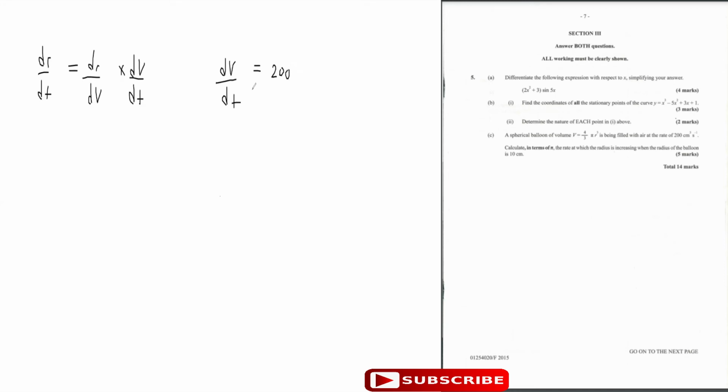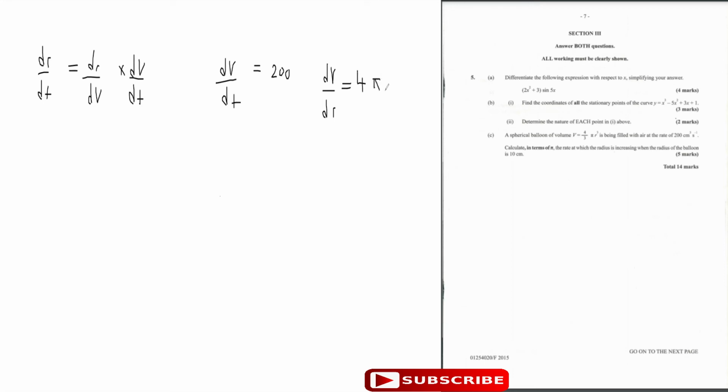Then we need dv by dr. dv by dr is equal to, now we know v is 4 over 3 pi r cubed, so we can carry down the power to get 3 times 4 over 3, which is just 4 pi r squared.